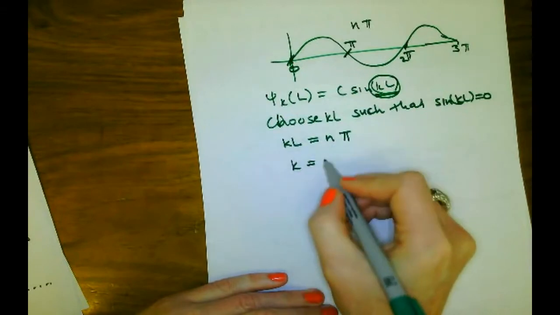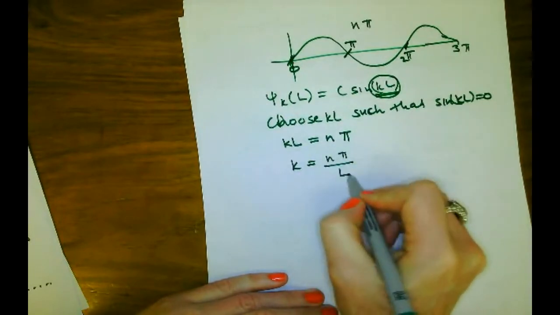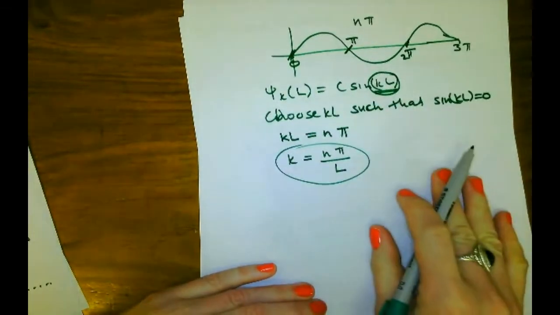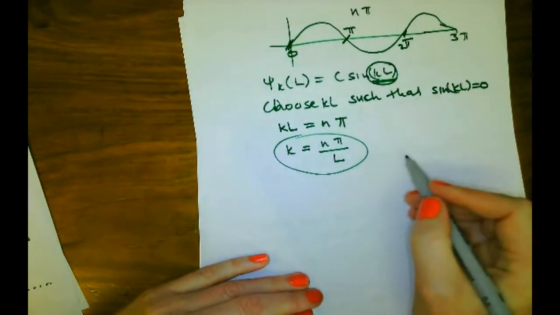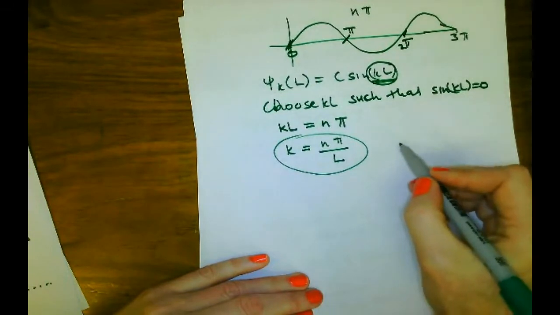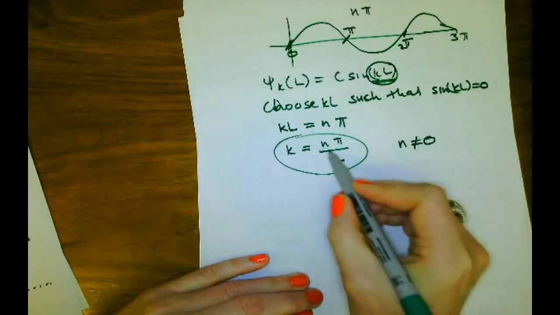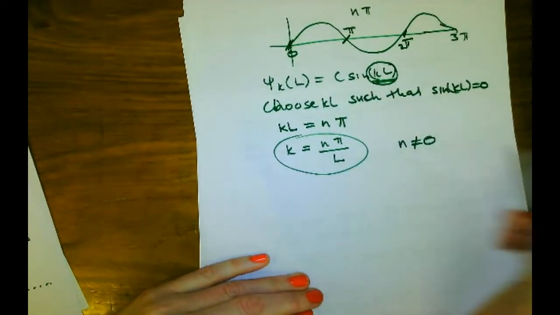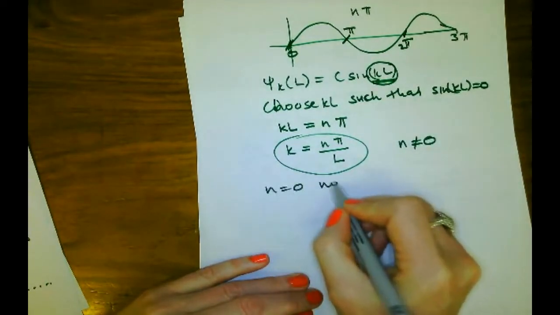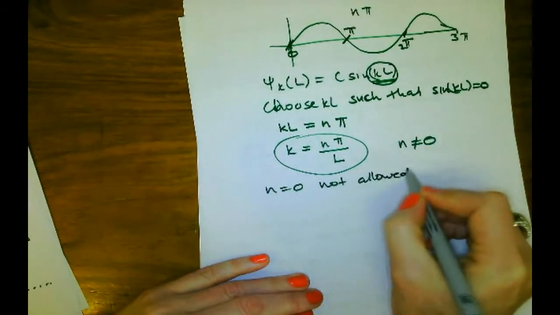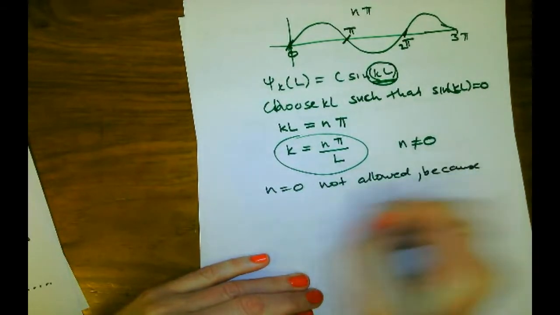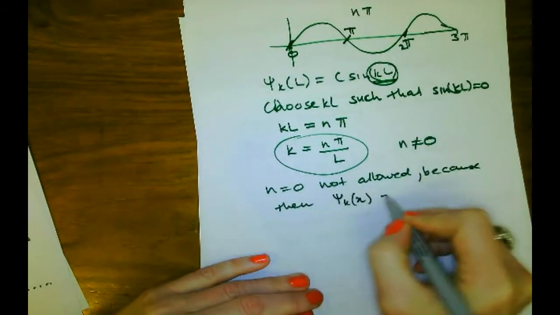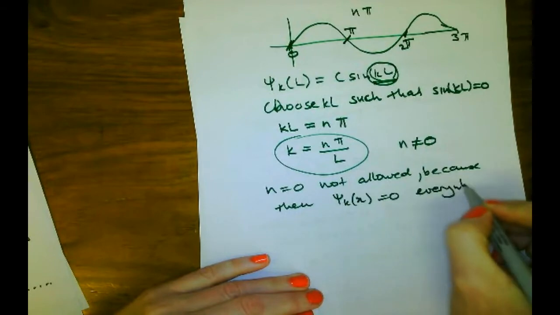We can also express that as k being equal to n pi over L. Just be careful, we cannot make n equal to 0, because then you will have sine of 0, which is always 0, and the wave function will be 0 everywhere. So n equal to 0 is not allowed.